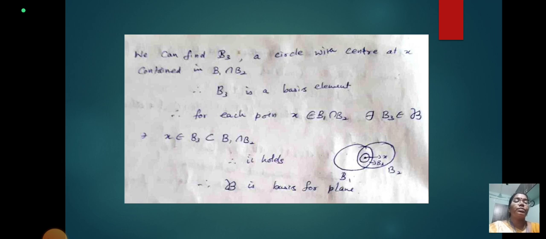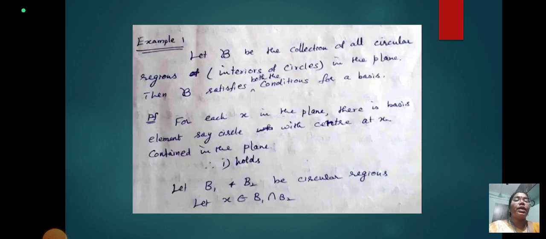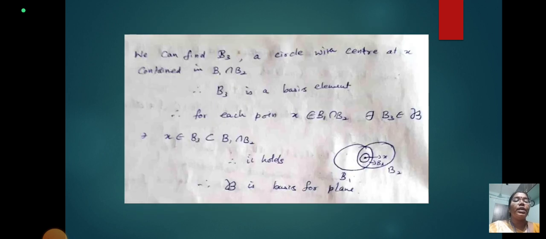For each point x belongs to B1 intersection B2, there exists B3 belongs to script B such that x belongs to B3 subset of B1 intersection B2. Therefore, condition 2 holds. Hence, we can say that script B, which is a collection of all circular regions in the plane, is a basis for the plane.